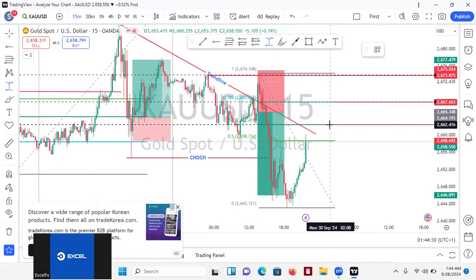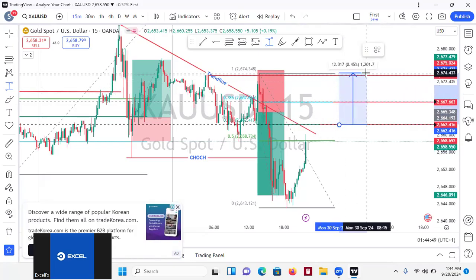So let's take this for example, where this 61.8% retracement level is. Let's assume that I want to enter from this level. So I drag it to the very current high on the market.